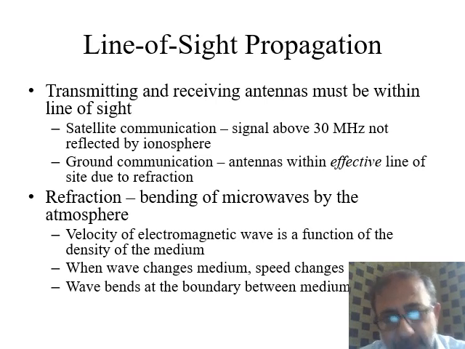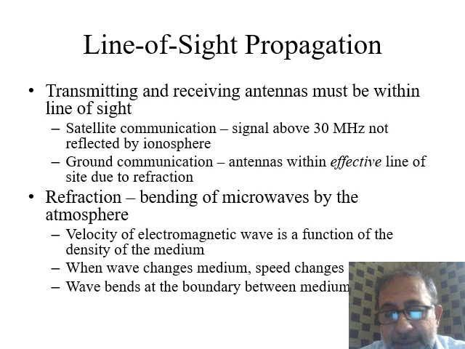The terrestrial line of sight communication, or digital microwave communication, that is done for terrestrial links, also uses line of sight propagation. In line of sight propagation, the transmitting and receiving antennas are within each other's line of sight.